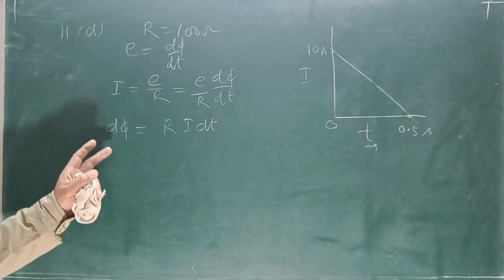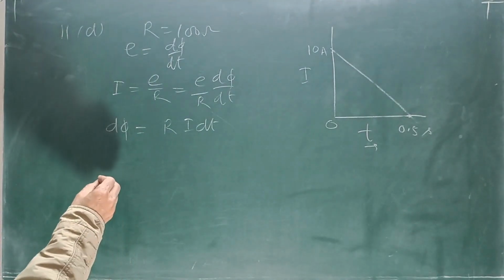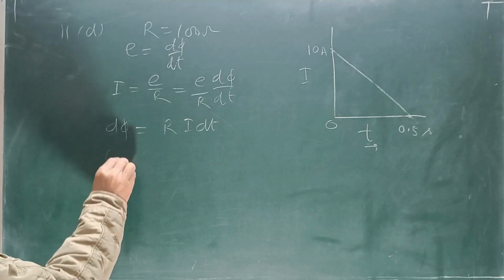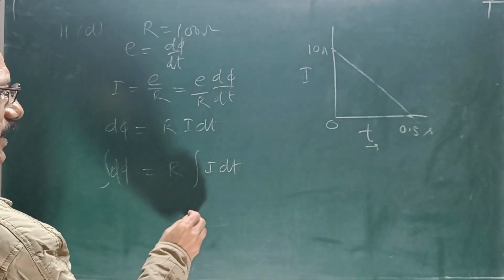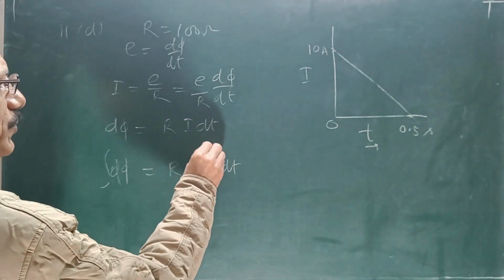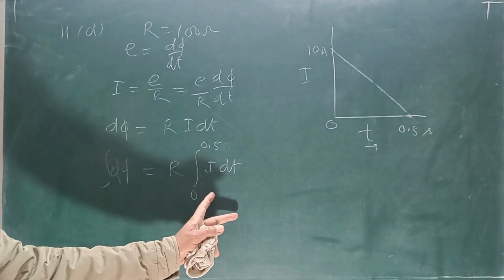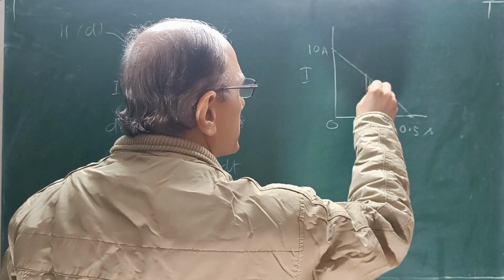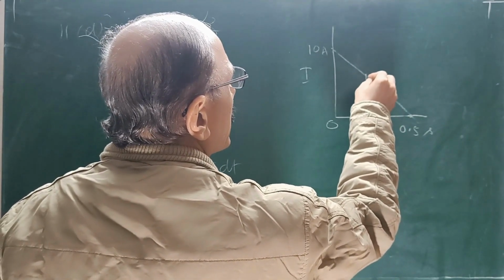If we have to find the total change in flux, the total flux will be equal to the integral of d phi, that is R times the integration of I dt, from 0 to 0.5 seconds. So this integration is nothing but, if we consider a very small strip of thickness dt here, this is the area, that is the d phi.